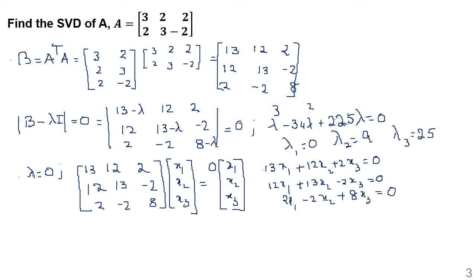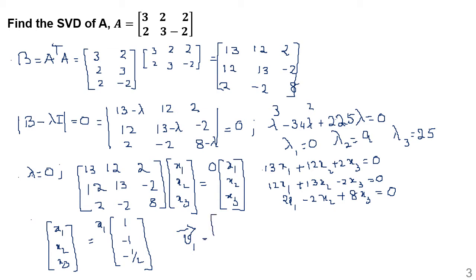When we further simplify this, we get the eigenvector corresponding to this eigenvalue, that is x1, x2, x3 is equal to x1 times 1, minus 1, minus half. So we have the eigenvector v1 as 1, minus 1, minus 1 by 2. It is equivalent to writing 2, minus 2, minus 1.